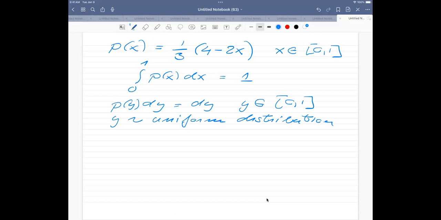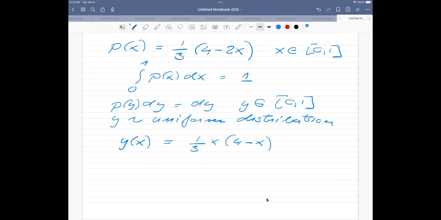Then I can calculate y as a function of x. And if I do the integral, then I will get that this is equal to 1 divided by 3 of x of 4 minus x here, like that. And then I can change it, and I can find my variable y in terms of x.